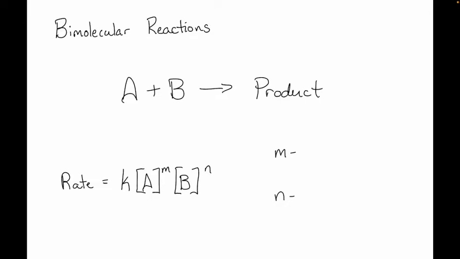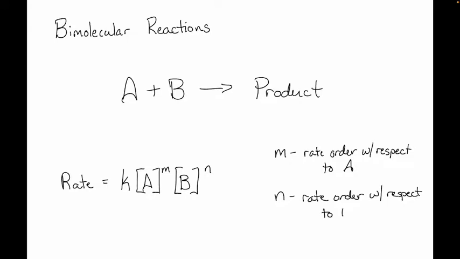So that exponent m, we call that the rate order with respect to A. And for n, we call that the rate order with respect to B. Right?